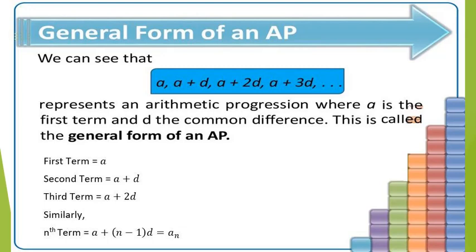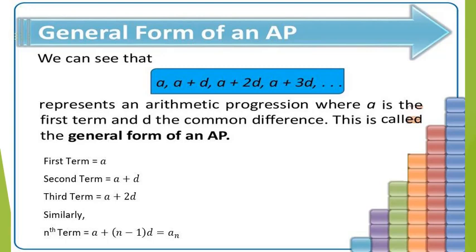Now, finding the general form of an AP. We know that an AP is a list of numbers in which each successive number is obtained by adding a fixed number to its preceding term. That fixed number is called the common difference and is denoted by small d.